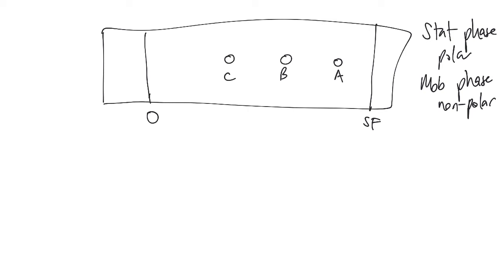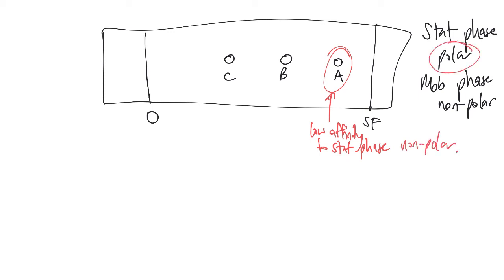Okay, so this A, it moved the furthest, which means that it probably didn't stick to the stationary phase very often. So this has low affinity to stat phase, which means that it will be non-polar because it won't match the stationary phase, which is polar.